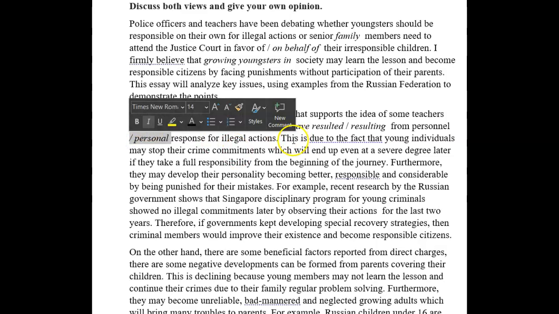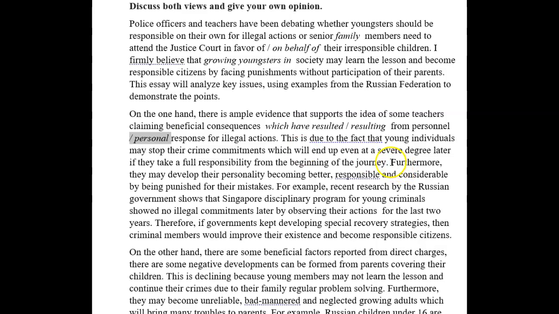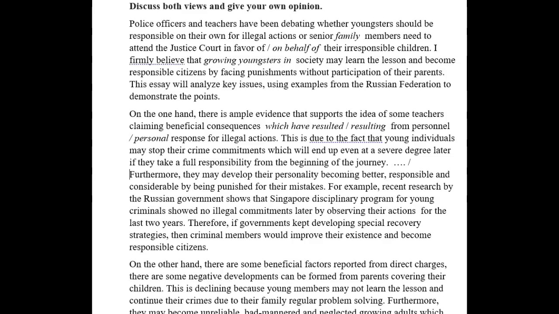Same sound. This is due to the fact that young individuals may stop their crime commitments, which will end up even at a severe degree later if they take full responsibility from the beginning of the journey. I think you can uncomplicate this. Sometimes your writing is a little bit complicated. You could simplify here.